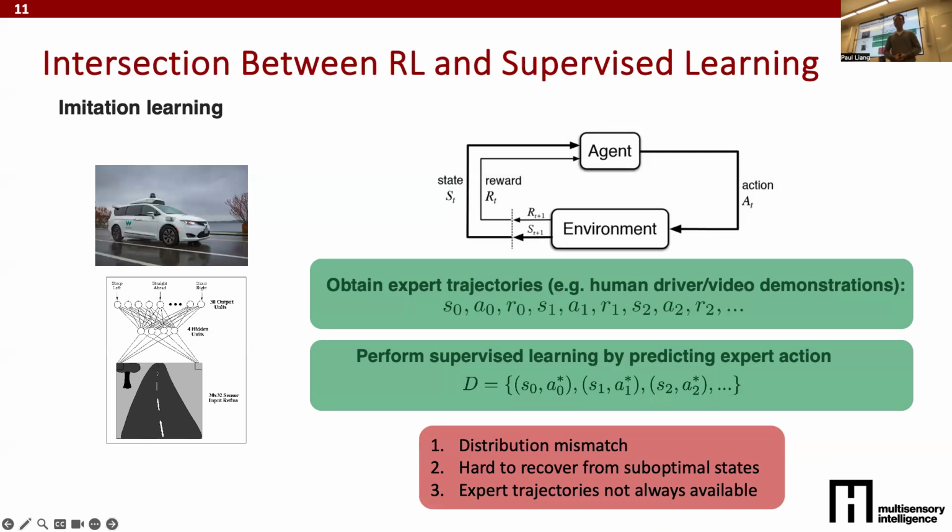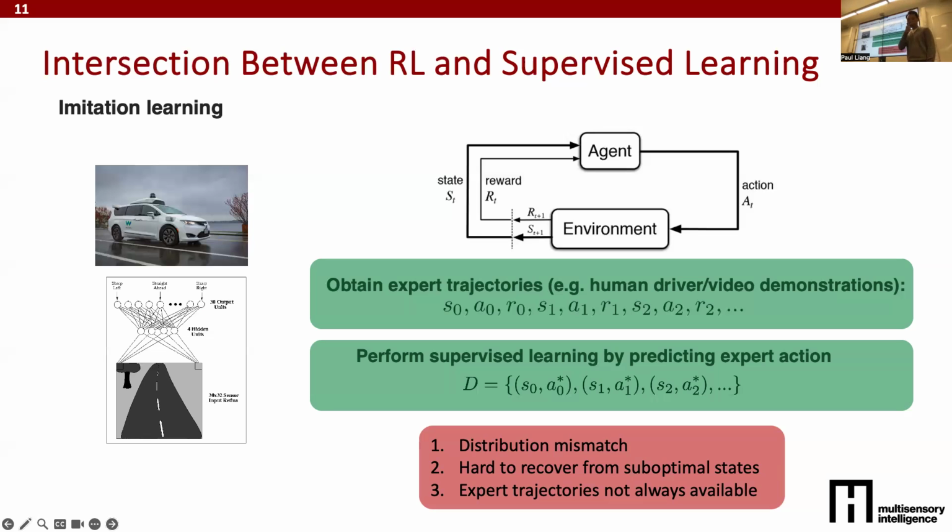But sometimes if there is a possibility of collecting human expert demonstrations, then imitation learning is a way of initializing a good policy. But then you also have to tackle ways of letting the policy explore some suboptimal trajectories and also learning how to recover from those suboptimal trajectories.